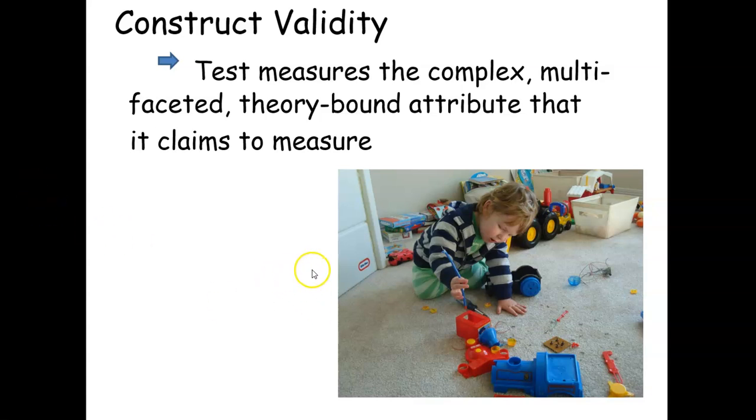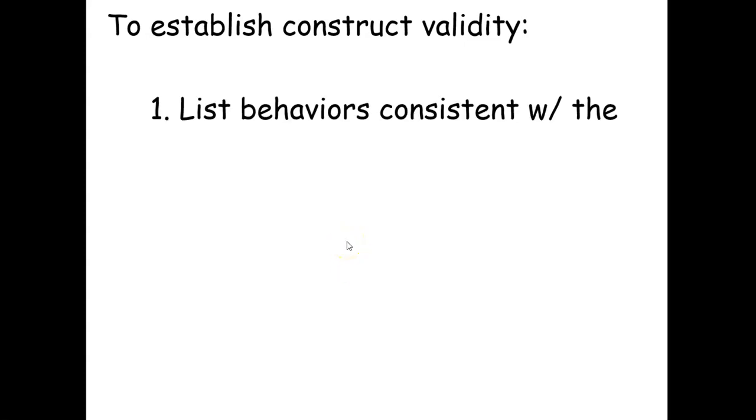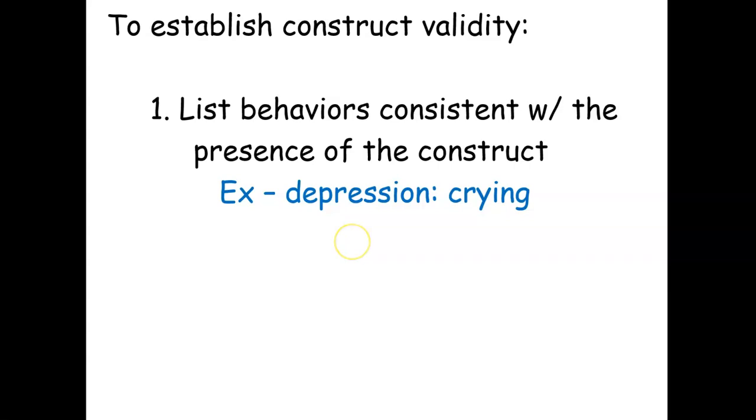So, to measure construct validity, it's a little bit of a process. And we're not going to be actually doing this in class or a lab, but it's important to understand for part of this class. So, the first thing you want to do to establish construct validity is think about all the behaviors that go along with the presence of the construct.